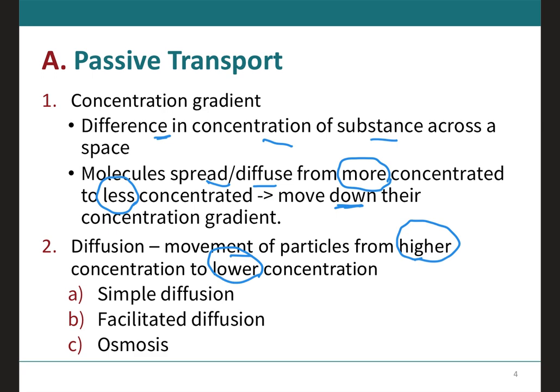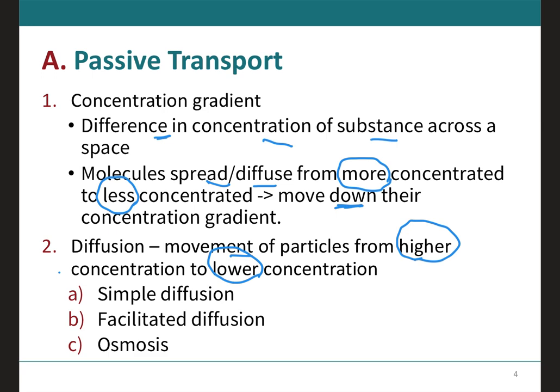Another example might be when you're putting sugar in your tea. You put a spoonful of sugar and you mix it up, and all the sugar gets dissolved. Eventually the sugar will diffuse throughout the tea until there's no concentration gradient remaining.